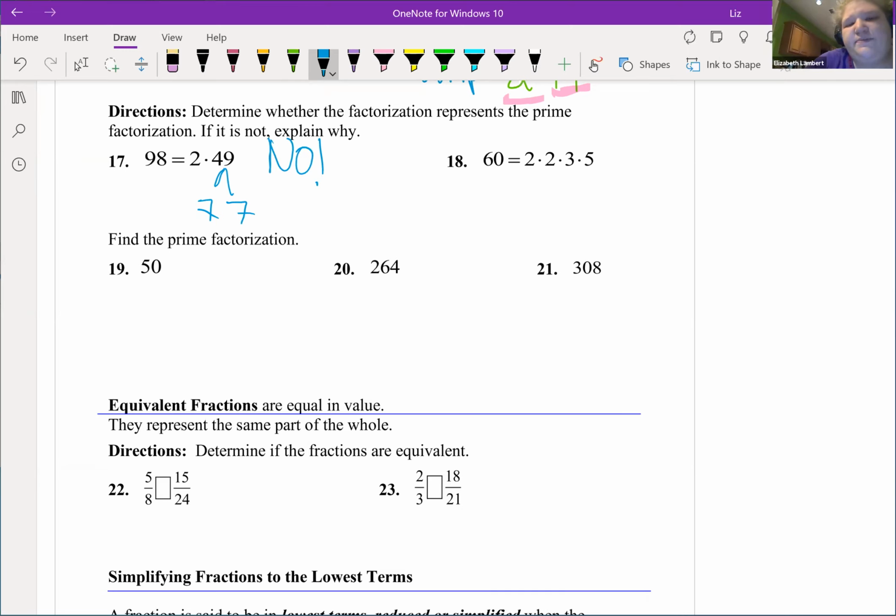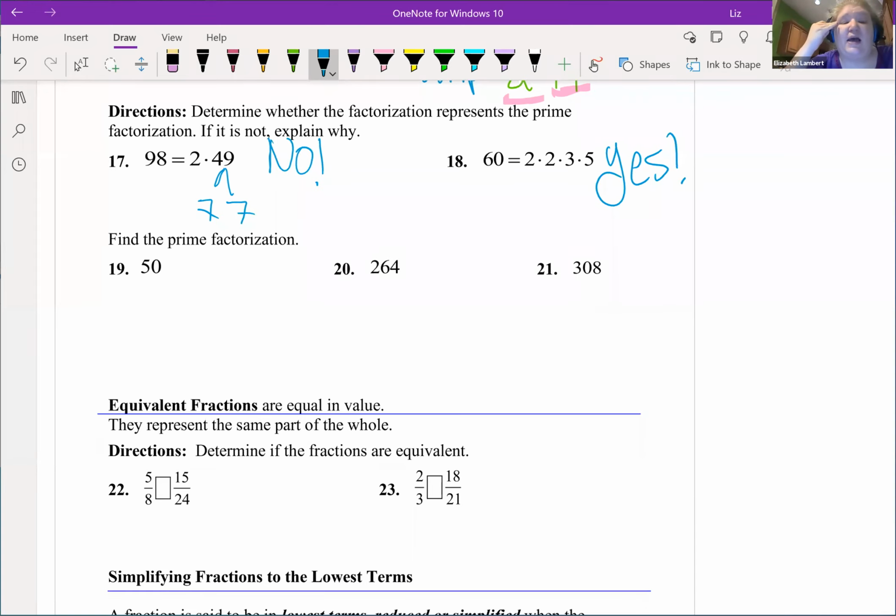On 18, 60 is 2 times 2 times 3 times 5. And 4 times 5 is 20, 3 times 20 is 60, so it does check. So 2 is prime, 3 is prime, 5 is prime, so this is the prime factorization.